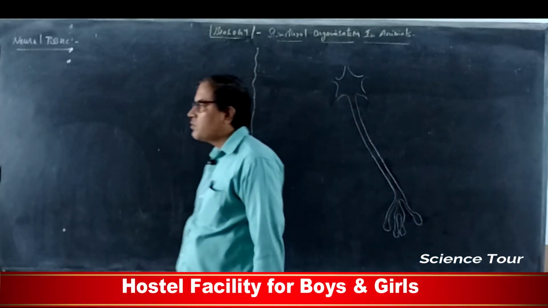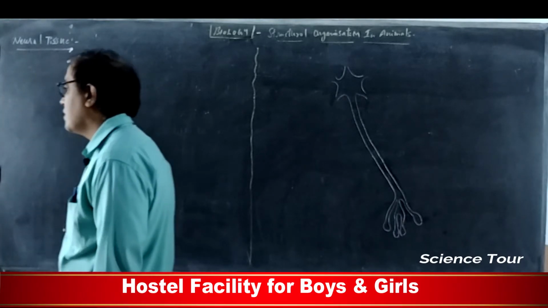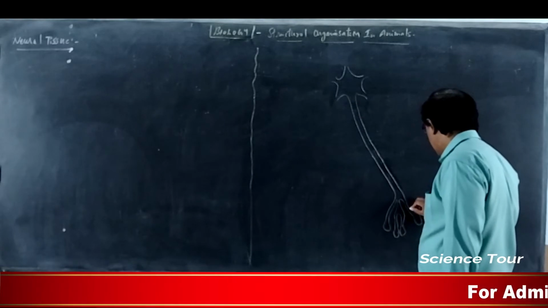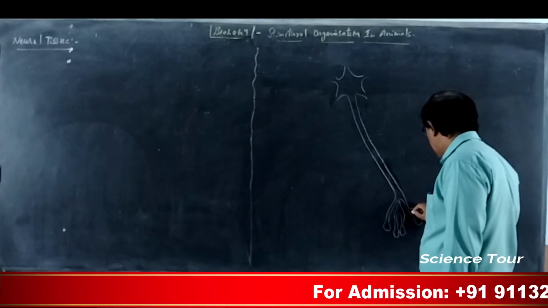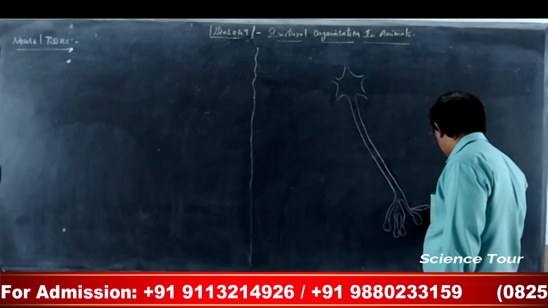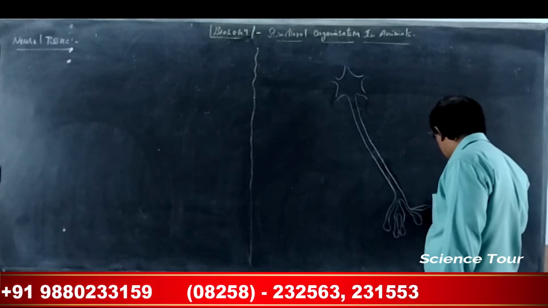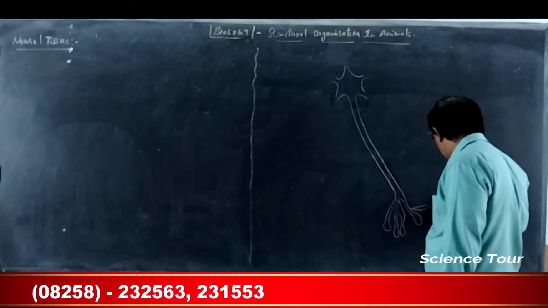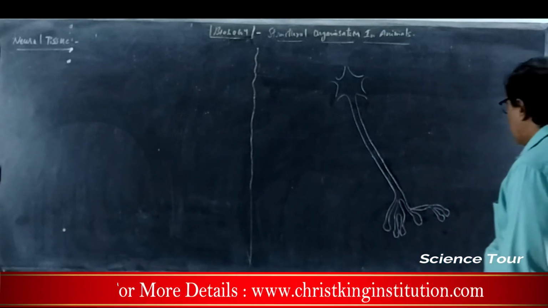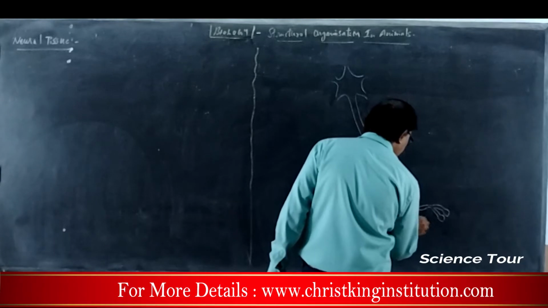I think in high school also you have studied the particular structure of this neuron, isn't it? Is it branched, students? So it is a branched structure, correct?